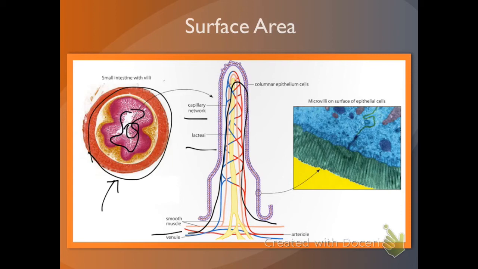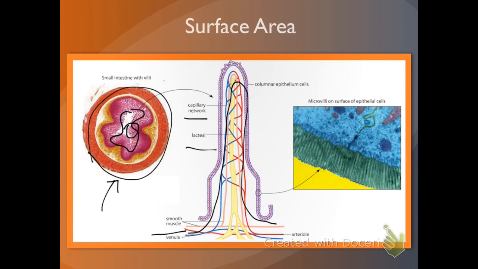There's also smooth muscle at the base of each villus, and this allows for movement of the villus. As the muscular movement of the small intestine is occurring, these villi are moving as well, moving around the chyme, getting contact with the chyme, and allowing for efficient absorption.